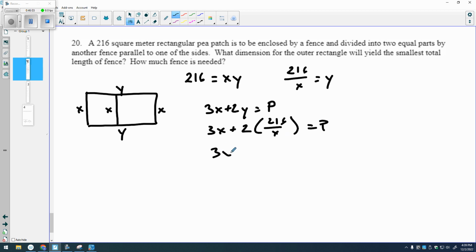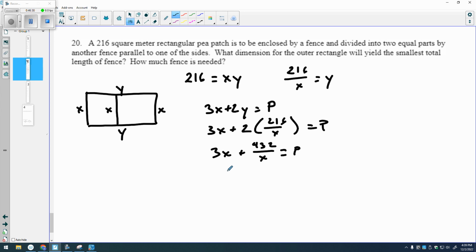Multiply, 3x plus, what is that, 432? 216, yep, 432 over x. Man, I made another mistake on my answer key. That's what I get for trying to do it all in my head.